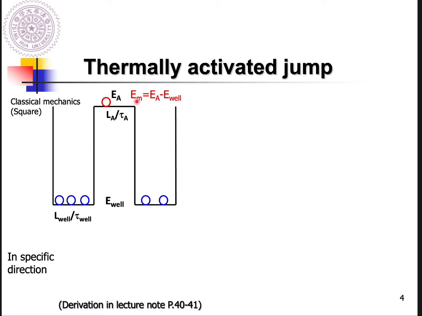And EM is the energy barrier, or activation energy, which equals EA minus E well. This is the difference between the unactivated state and the activated state.